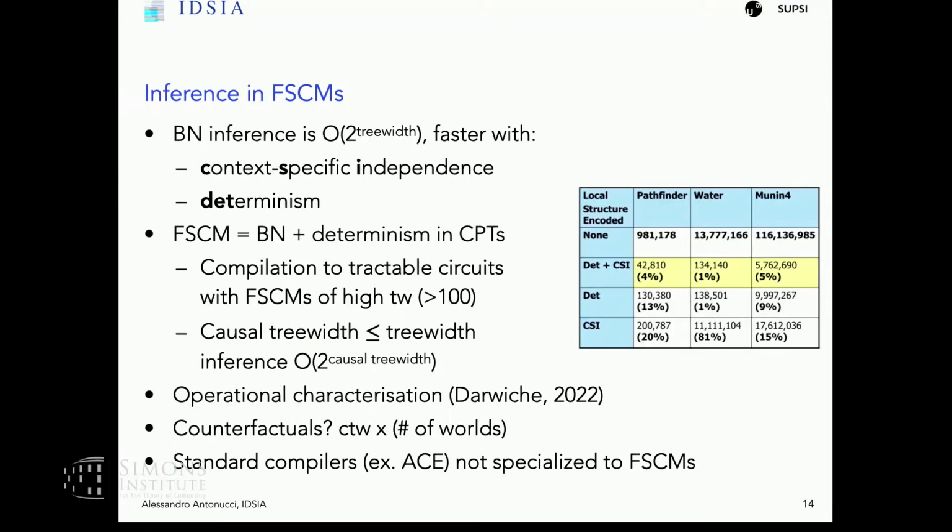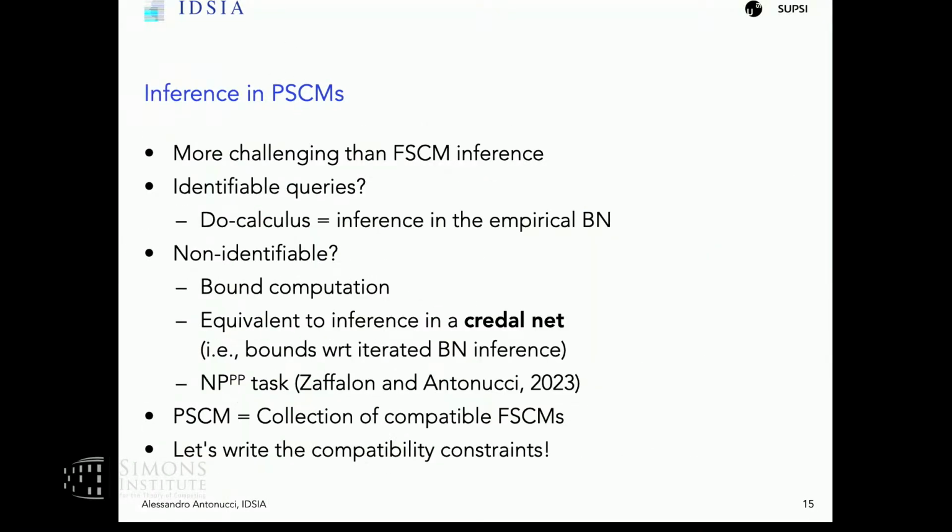Okay, this was assuming that the model is fully specified. If the model is not fully specified, so if we go back to the P of U, from the X to the U, in some cases we have do-calculus, so the query is identifiable, but generally speaking, we have to compute the bound. The task is challenging, and it can be proved that it's equivalent to a credal network, a generalized Bayesian network.